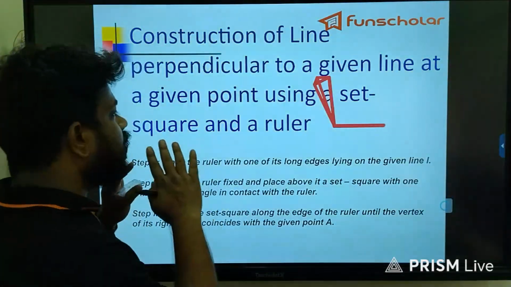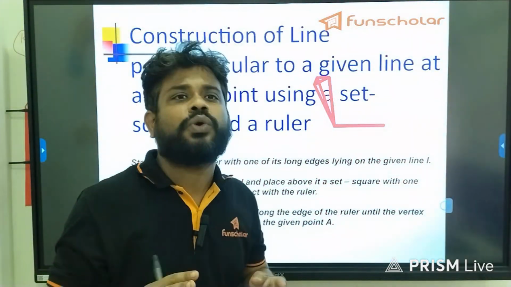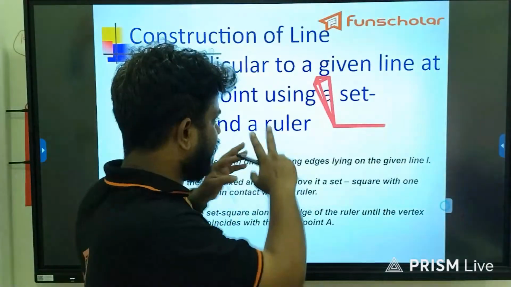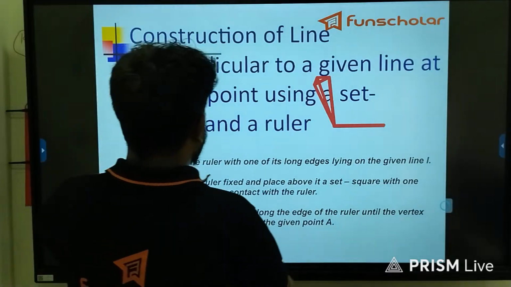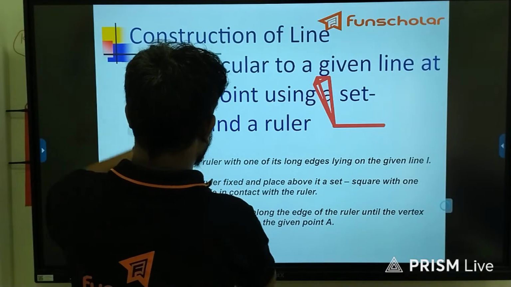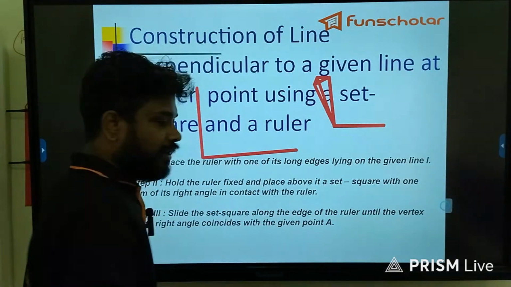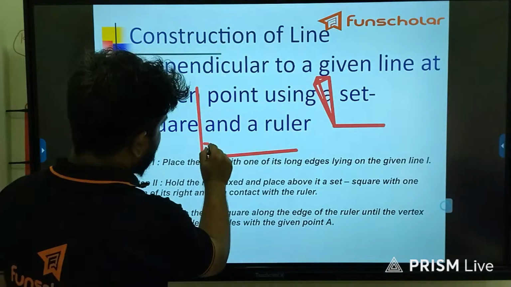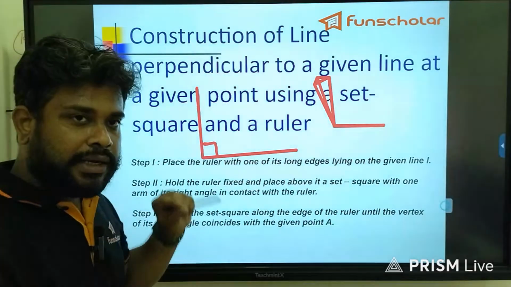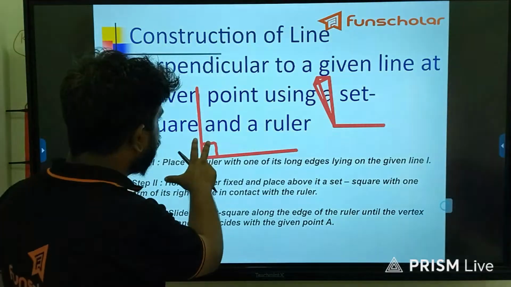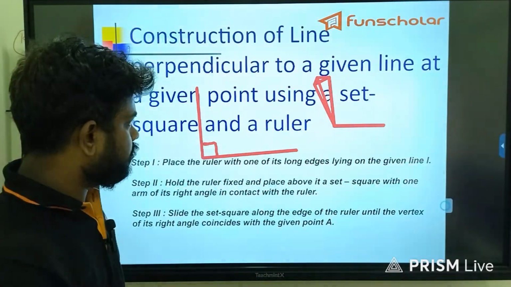So it's being done, but we generally don't use a set square to draw the perpendicular. The perpendicular will always look like this, like an L, and here will be a little square to point out that it is a perpendicular.